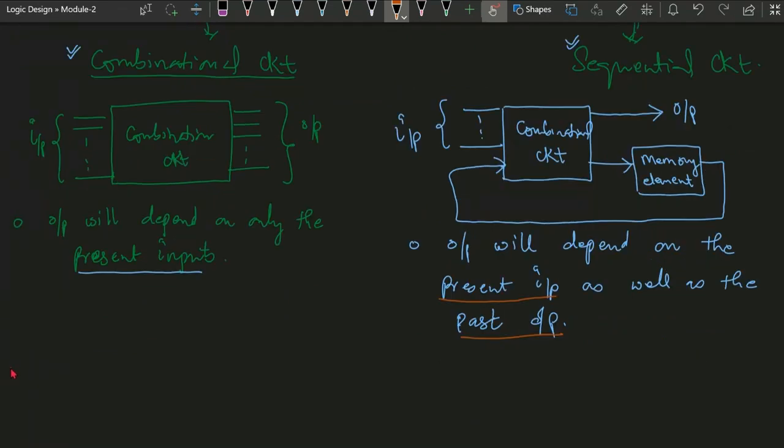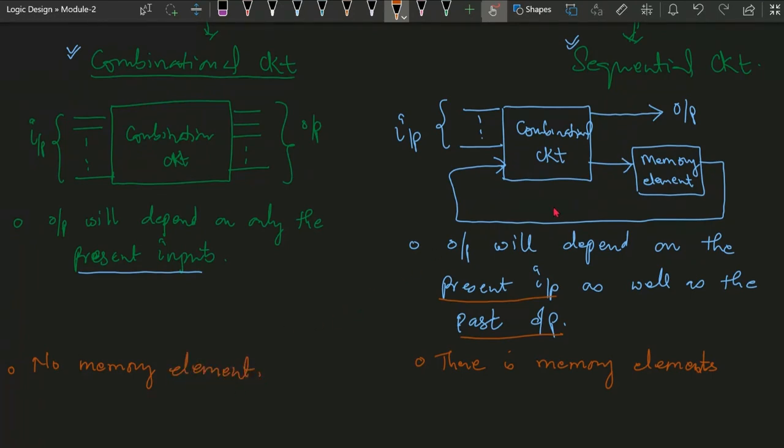Based on the block diagram that we have just seen, in a sequential circuit there is a memory element. It may have more than one memory element also. But in a combinational circuit, there is no memory element.